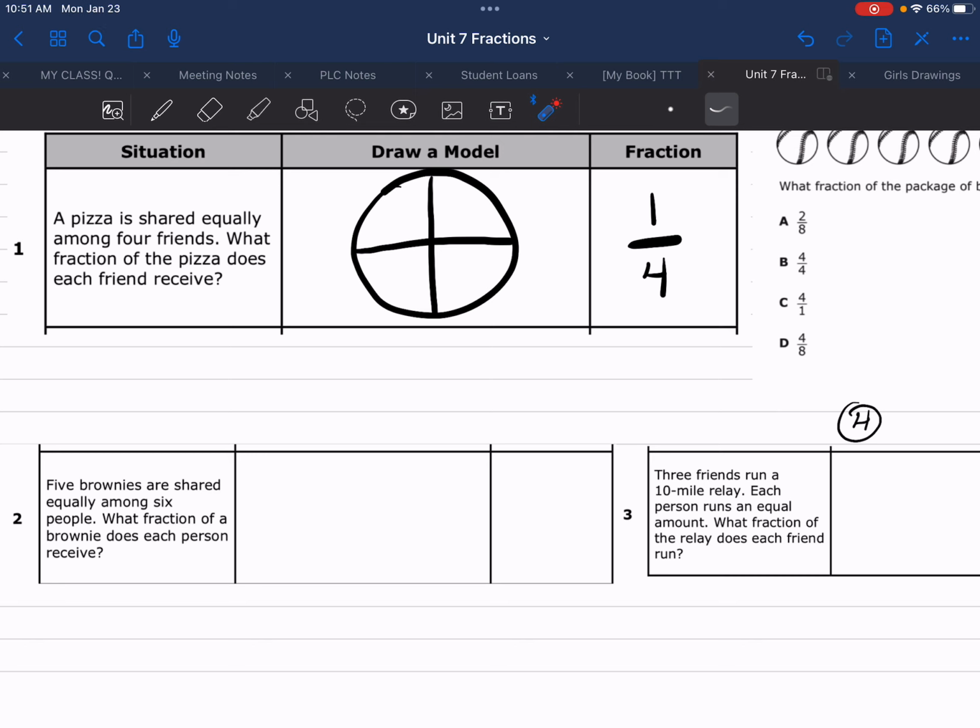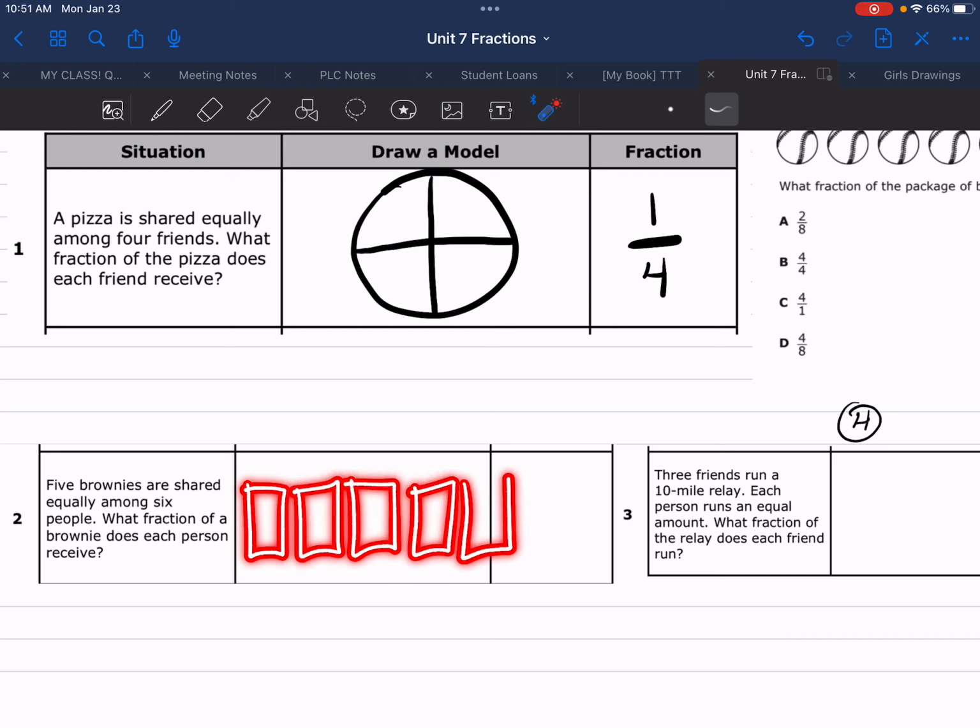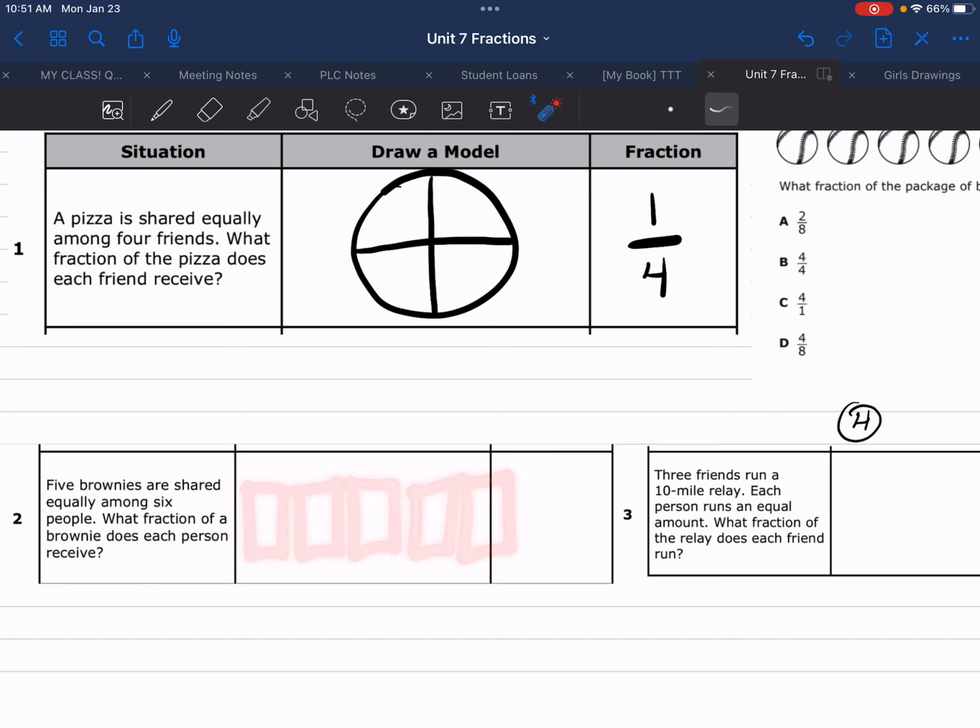I won't tell you yet. So I'm going to have 5 brownies. 2, 3, 4, 5. But wait, it says I have to share them equally among 6 people. So I can't just give out my brownies and leave one person out, because I have 5 brownies but 6 people. So what could I do?